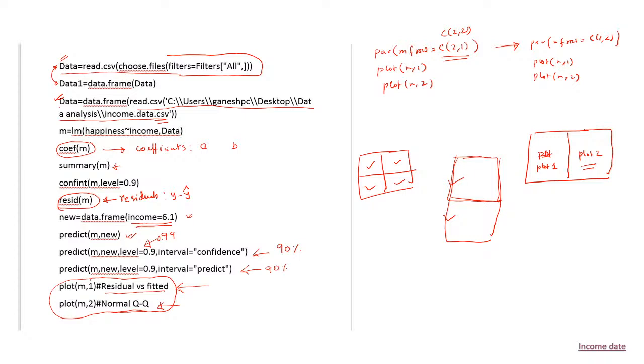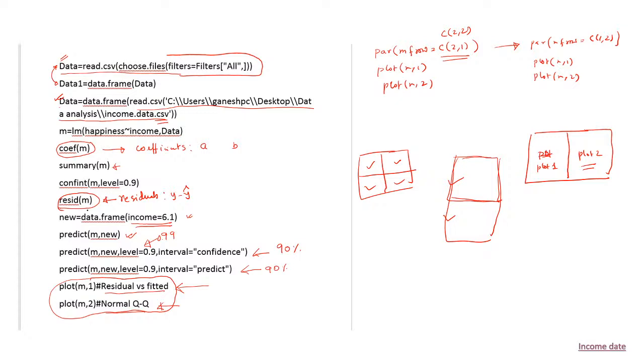You can easily find the coefficients, that is beta naught, beta 1, beta 2, beta 3, or whatever, depending on your number of explanatory variables. Use this command summary m. Using this command you can easily find the confidence interval of the coefficient.